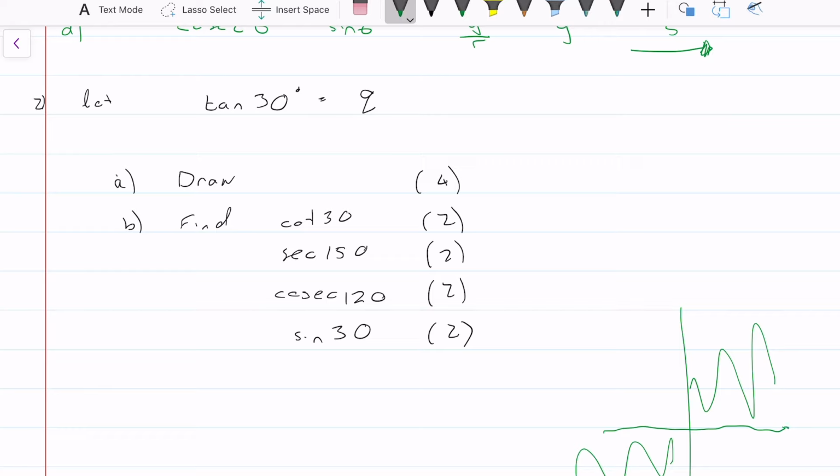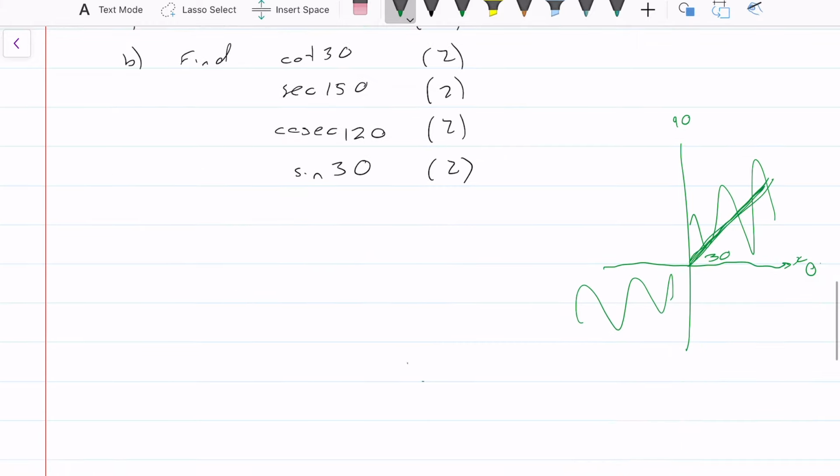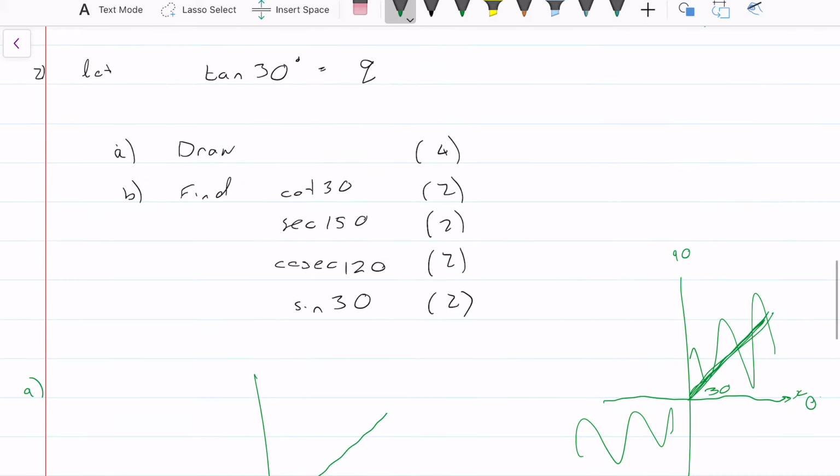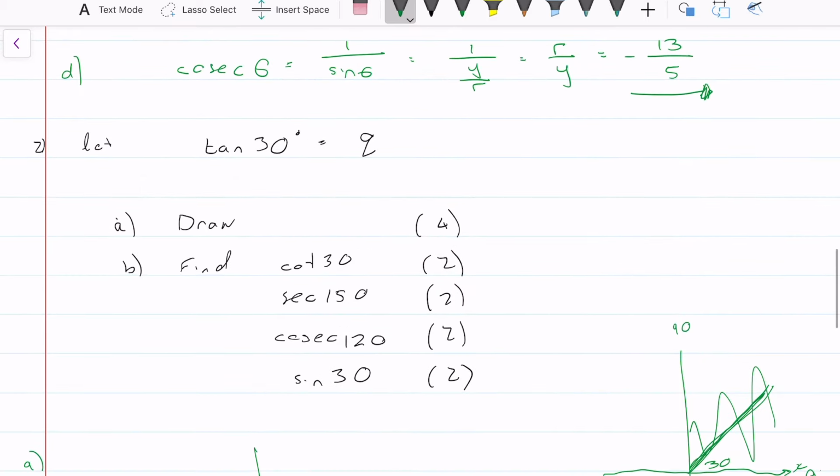But we also know that on the cos diagram we measure anti-clockwise from the positive x-axis, so we know that we are 30 degrees, so we're somewhere here. So let's draw a nice diagram for it. For question A, we have 30 degrees. It's more 45, but whatever, let's label it 30 degrees. Great stuff. And we know that it is Q.